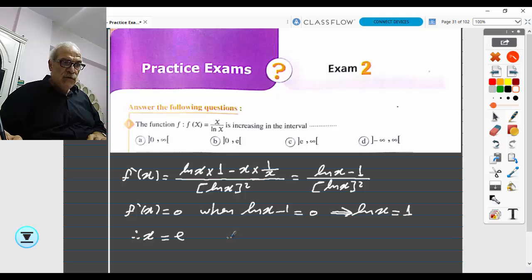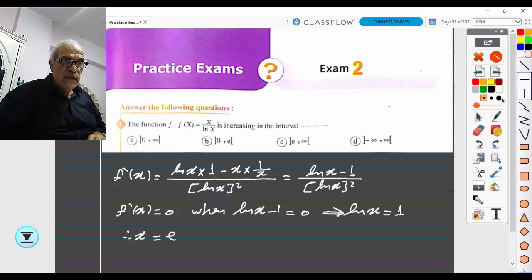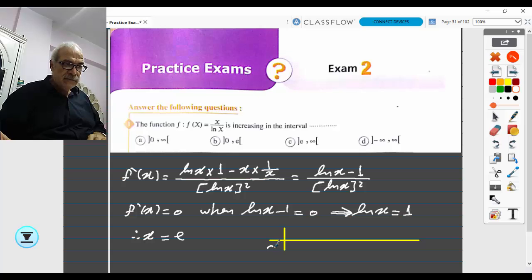Now we go to find the sign of the function f dash of x to find the increasing or decreasing intervals. Okay, so we will draw a straight line like this, and we write the function x and f dash of x.